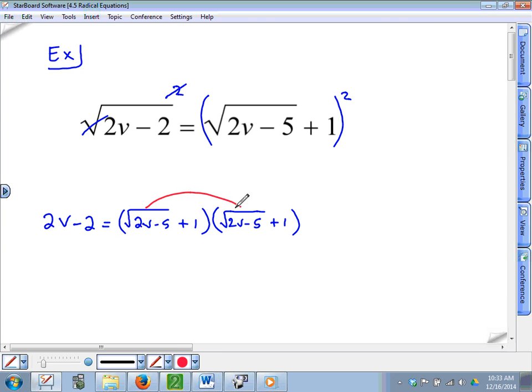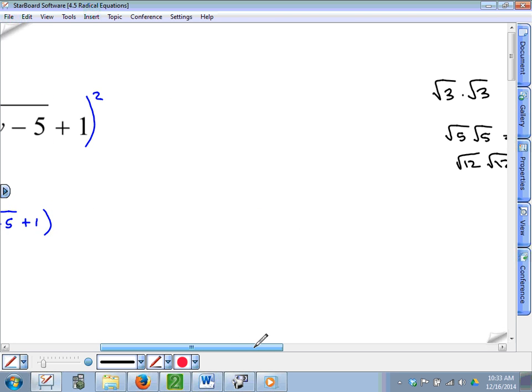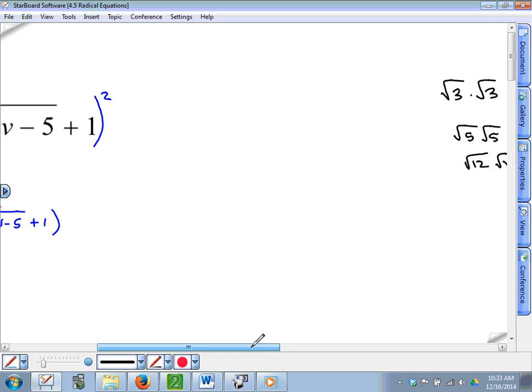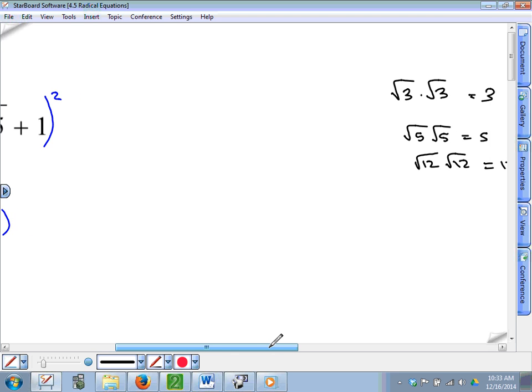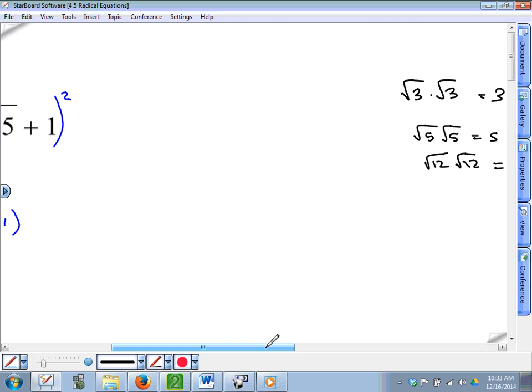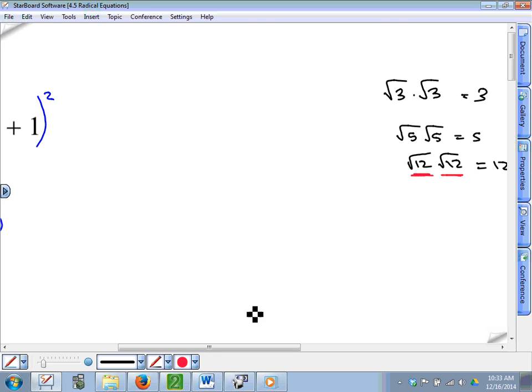Don't these match exactly? So what happens if you multiply a square root of 3 with a square root of 3? What do you get? You just get 3, right? What about the square root of 5 times the square root of 5? What about the square root of 12 times the square root of 12? My point is, if you multiply two roots that match exactly, what does that end up with?